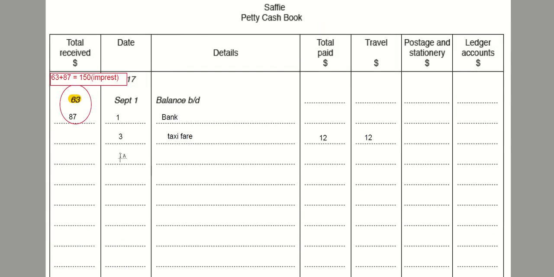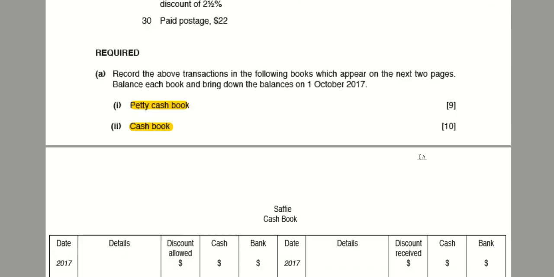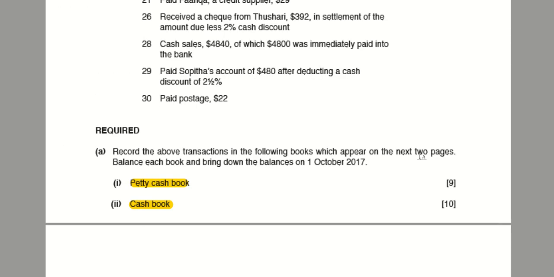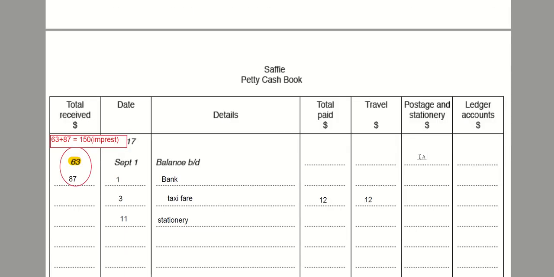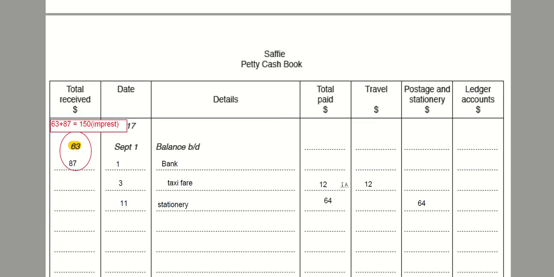So 11th, you got stationery, and if you see the analysis columns, the suitable column is postage and stationery. So we'll put the number there just to confirm how much it is, and we put it in the postage and also in the total simultaneously. So it's a payment for postage and stationery.